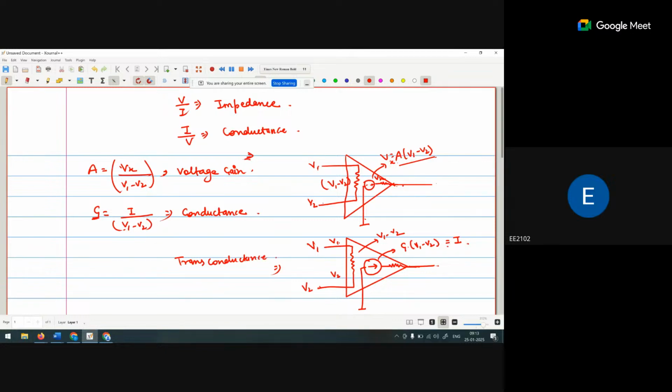That's why the operational amplifier is mainly used as a VCCS, voltage controlled current source. This V1 minus V2 is a voltage, and on the basis of this voltage, it behaves as a current source. So it is called the voltage controlled current source.